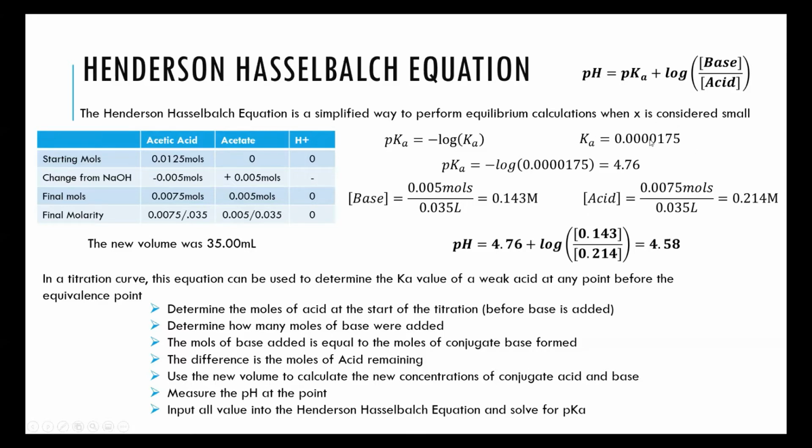So using this Henderson-Hasselbalch equation, you could solve for the acid dissociation constant of a weak acid. And you can look at that based on any of these titration curves.